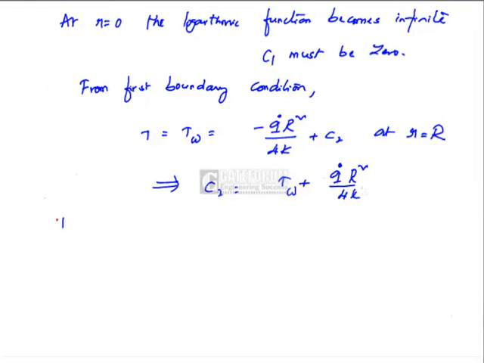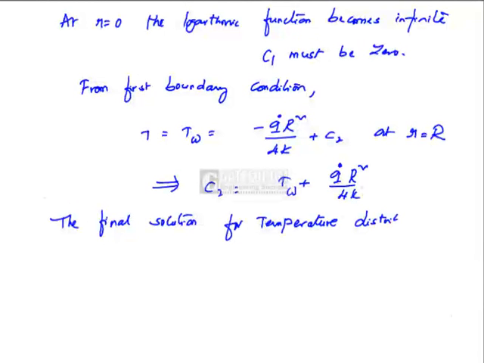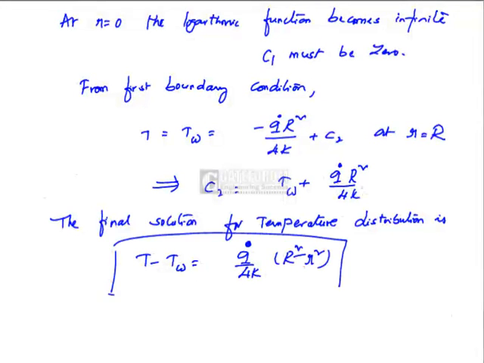So the final solution for temperature distribution is T minus TW is equal to q dot by 4k into (R² minus r²).